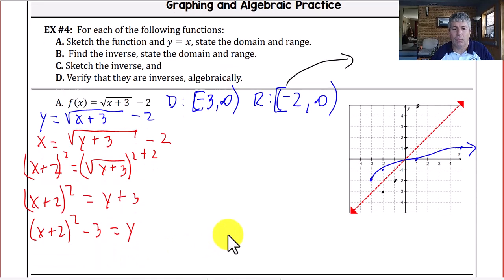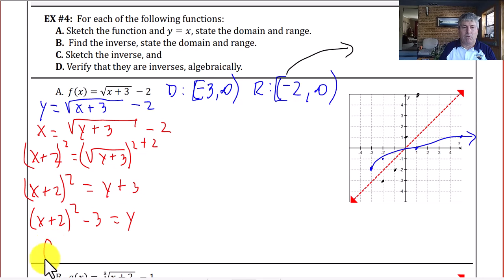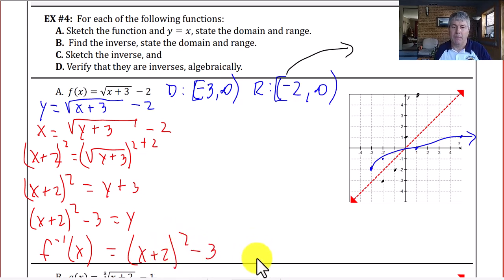So that's our inverse function. So f inverse of x equals x plus 2 squared minus 3. Now this is a parabola that's shifted 2 units to the left and 3 units down.